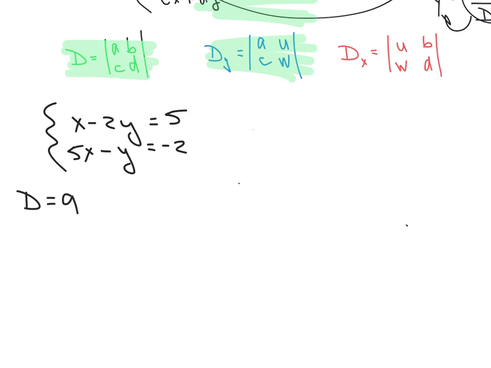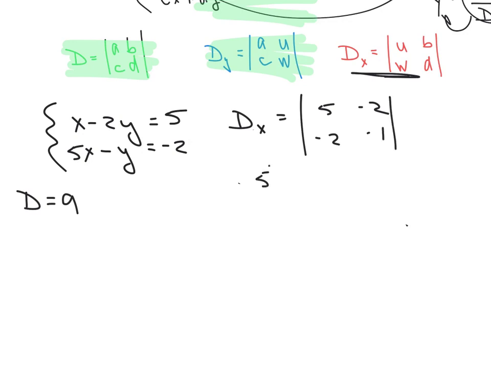All right, now we're going to find out what our D of x is. And it's going to be u, w. It's this one here, u, w, so my 2 answers. And then b, d, which is my y's.